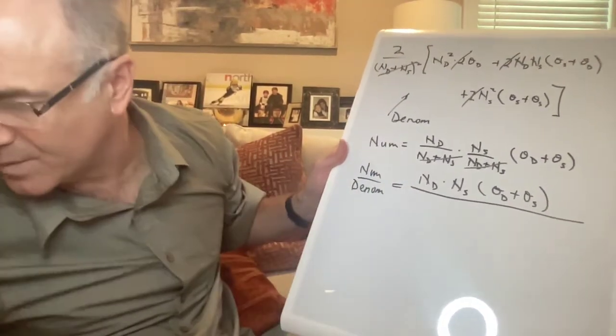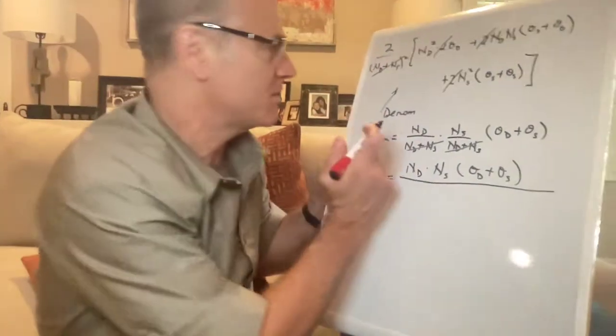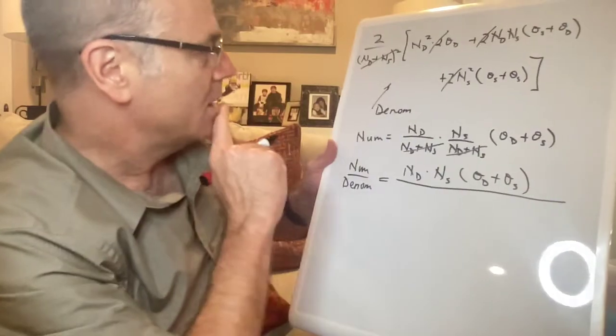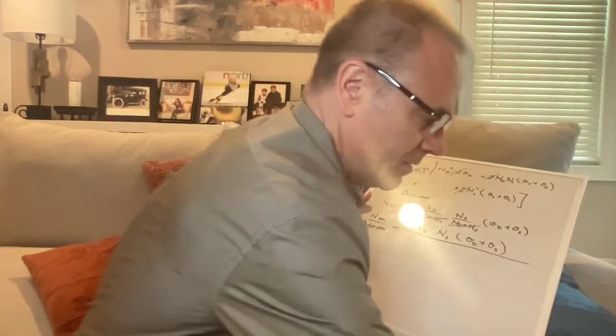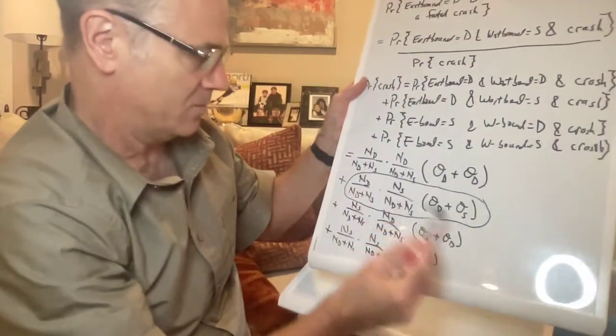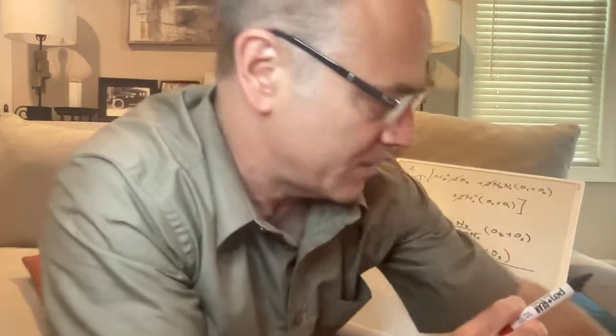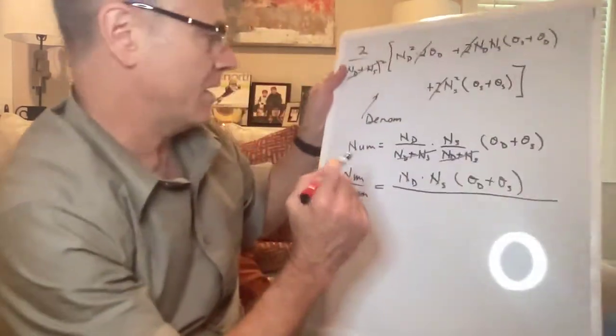I have a hunch I'm making a mistake here. There's going to be some typo here. Hopefully not. Wait, let's go back. Did I write the numerator right? Okay, there is no, I was scared there was a 2. There is not. Okay, so it's NS divided by that. So ND divided by NS.